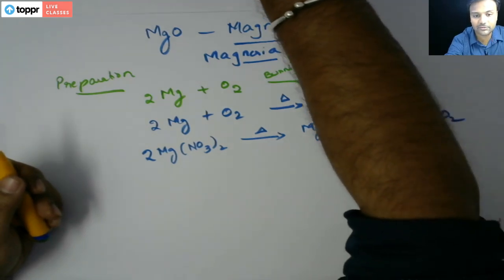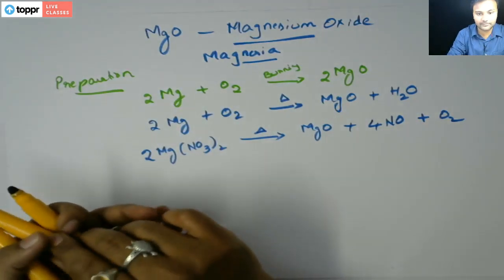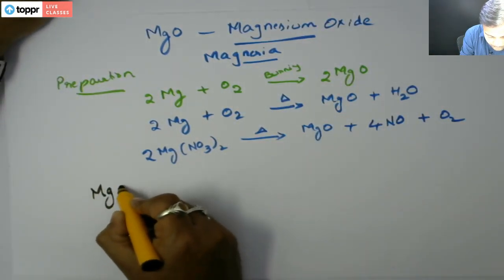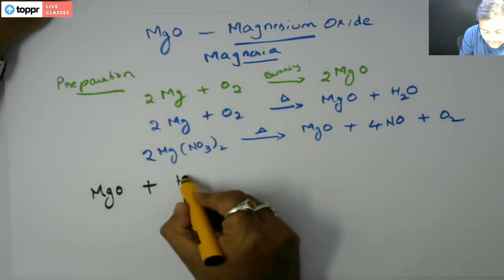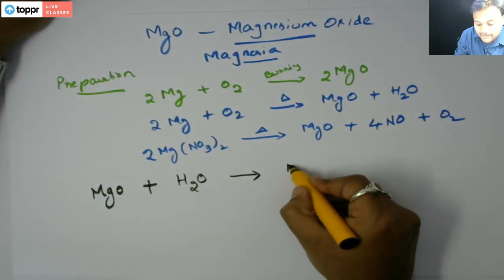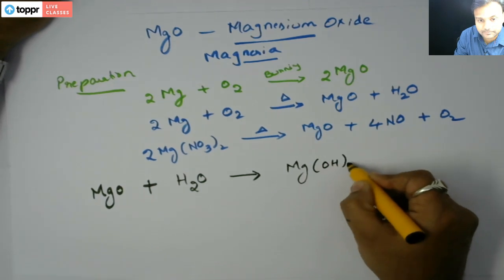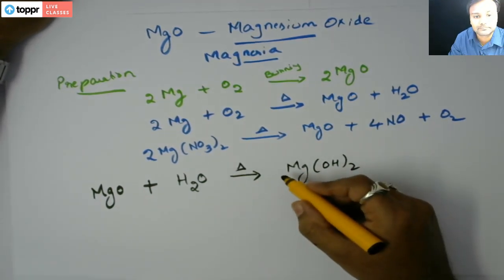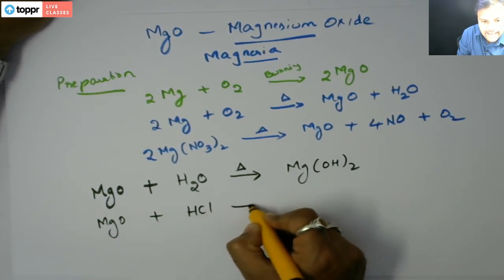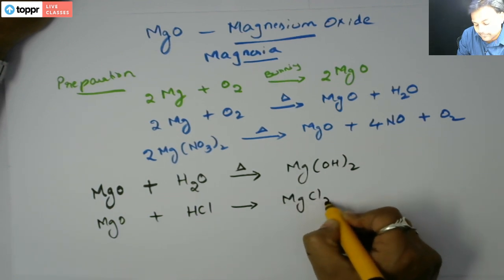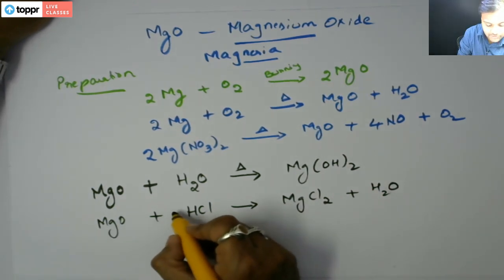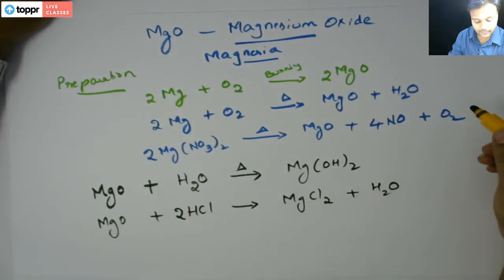Let's look into the next one, the properties of magnesium oxide. What happens when it is treated with water? Yes, magnesium hydroxide forms, which upon heating gives back the oxide. Whereas magnesium oxide, when treated with hydrochloric acid, forms magnesium chloride and water, wherein you have 2 here, right?